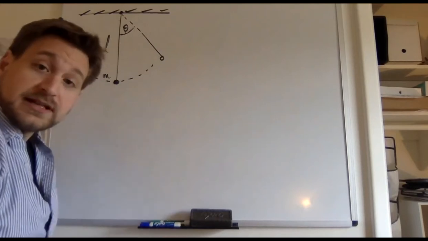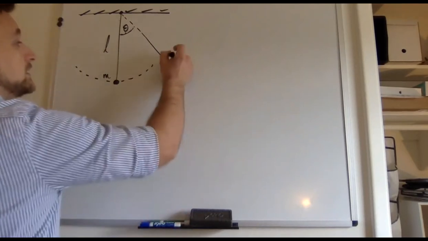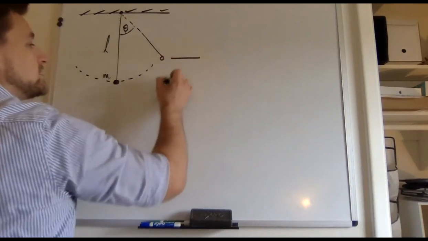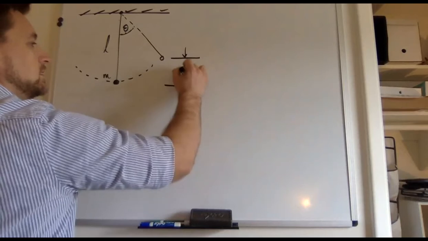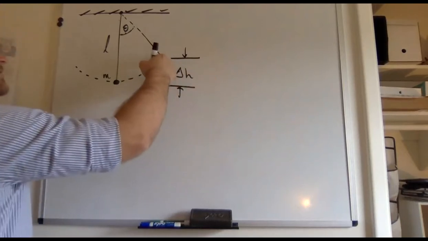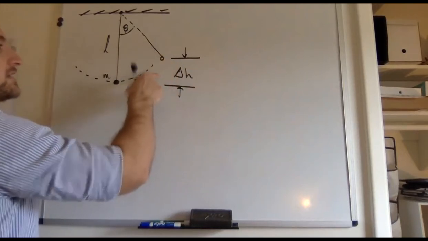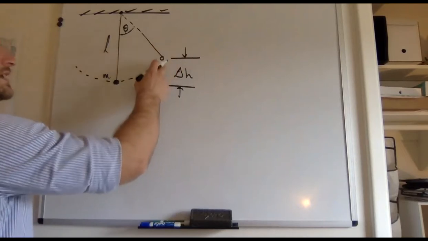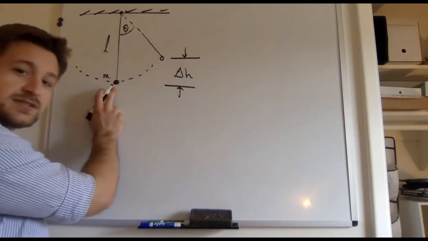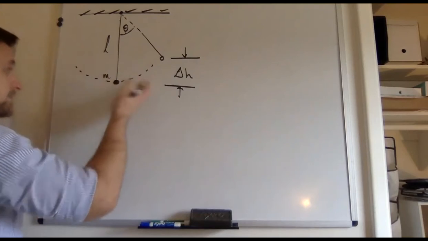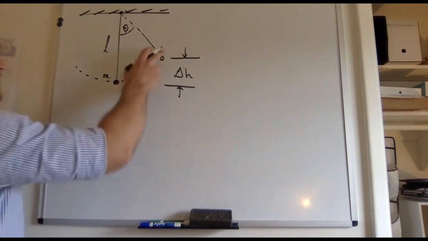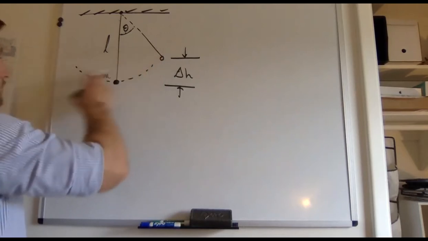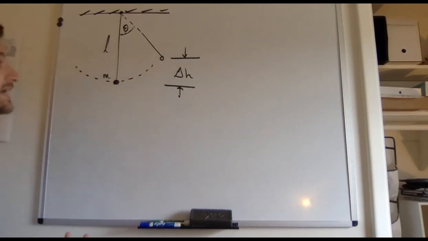We could talk about the energetics actually. We know that there's some delta H here. So whatever potential energy we have at the start of the swing, we'll have that much kinetic energy once it reaches the bottom. And then we'll have kinetic energy that'll carry us up through the same height on the other side and back. And we'll get this motion back and forth, this periodic motion.